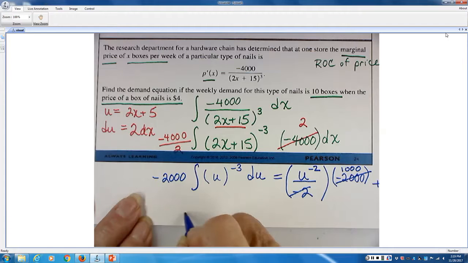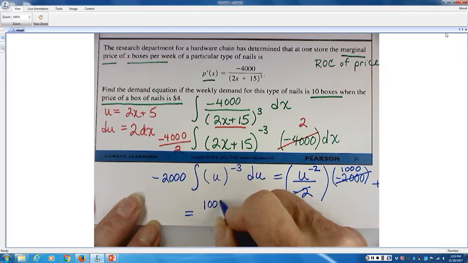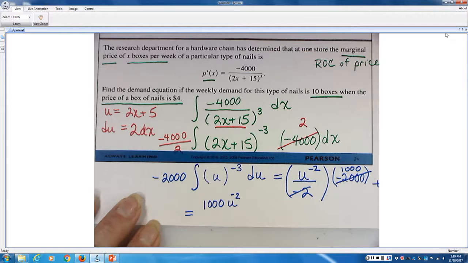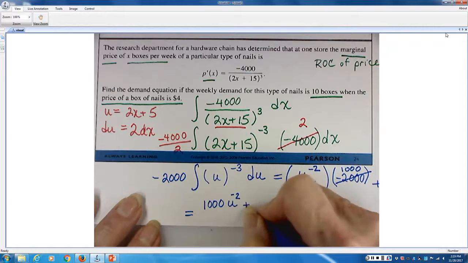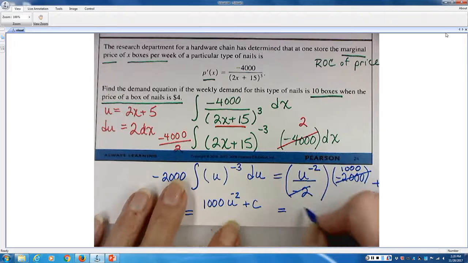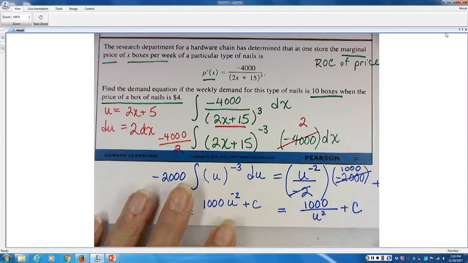So what we have now is 1,000 u to the negative 2 plus a constant, which is exactly the same as 1,000 over u squared plus the constant.